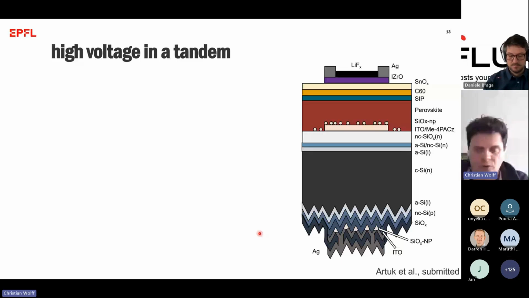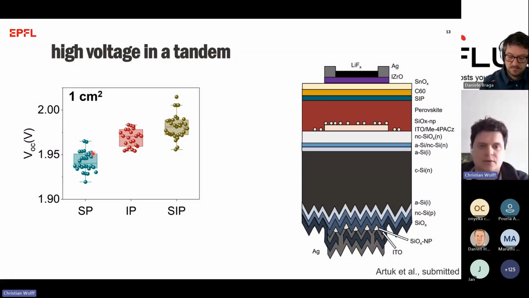This doesn't just work in a single junction. So we took this newly developed absorber plus surface and interface passivation and put it into a tandem with crystalline silicon, a heterojunction crystalline silicon cell that we fabricated. And what you can see here is that we can directly harvest this benefit.